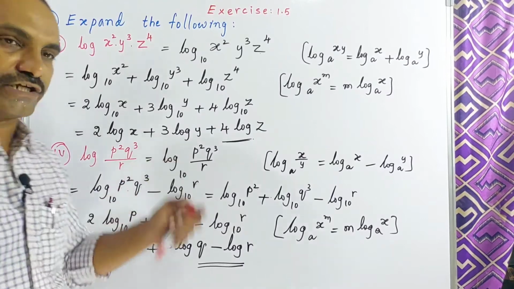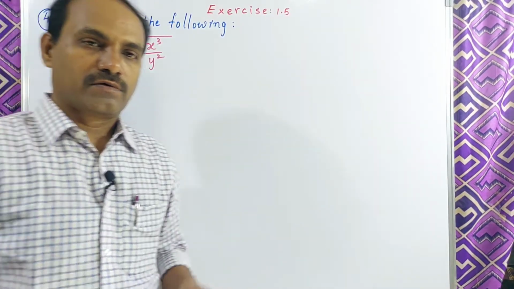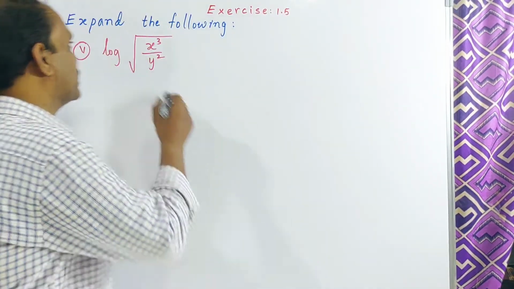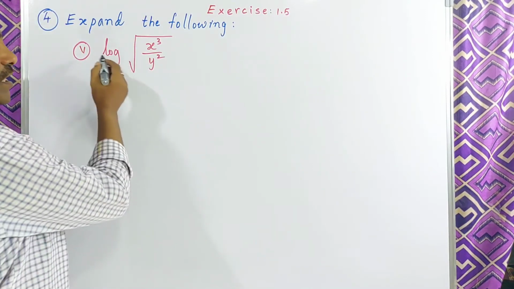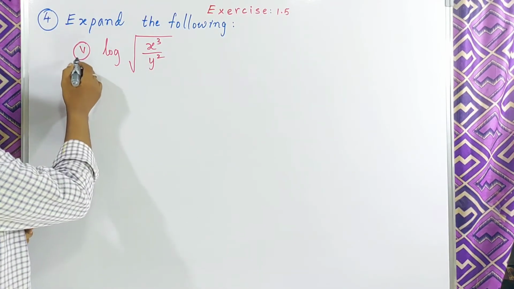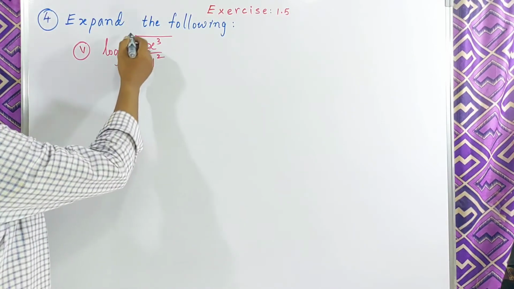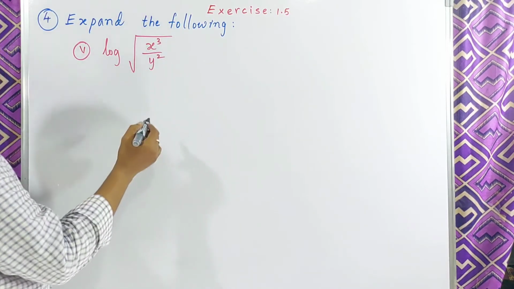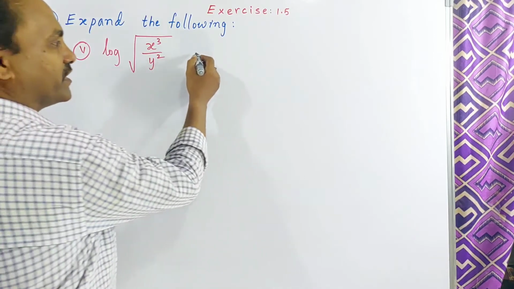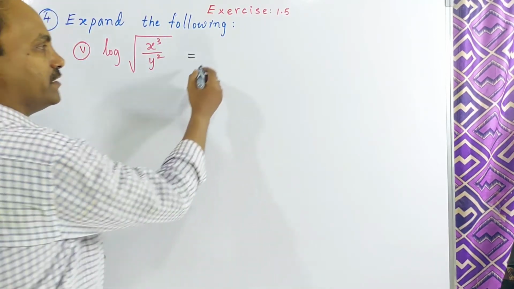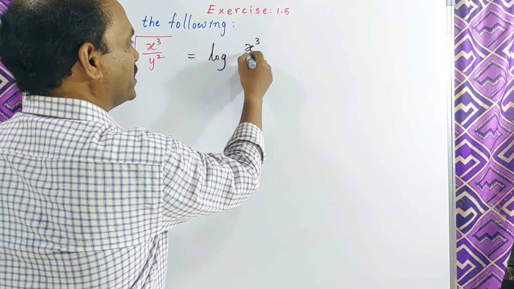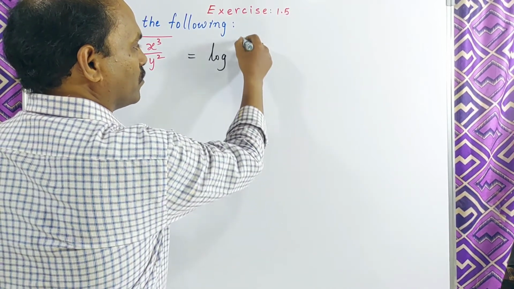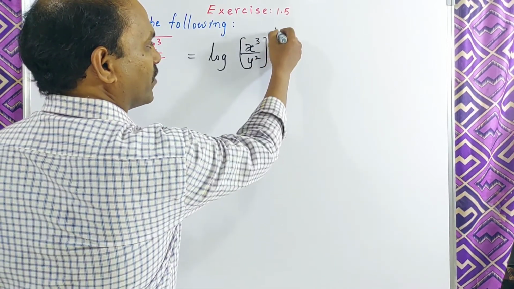Okay, let us check the fifth question, in exercise 1.5, fourth Roman. What is the fifth question? Log square root of x cube by y square. How can we write this one? Log of x cube by y square whole power 1 by 2.